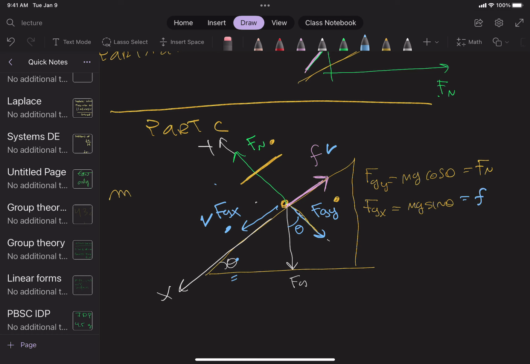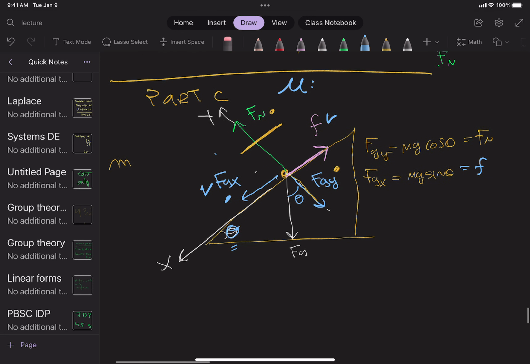So for part 3, what we're doing is we're also again going to calculate the coefficient of friction, but in terms of the angle of the incline. So the basic equation for friction is equal to the coefficient times the normal force. And there we can substitute those two terms that we just got.